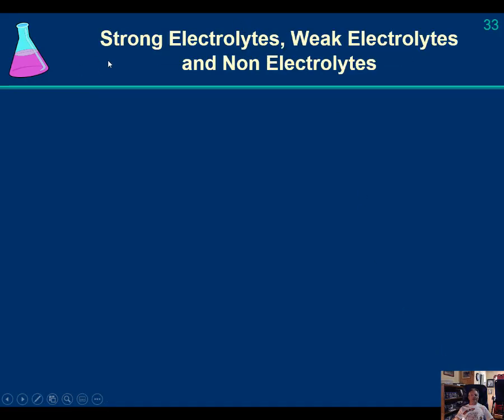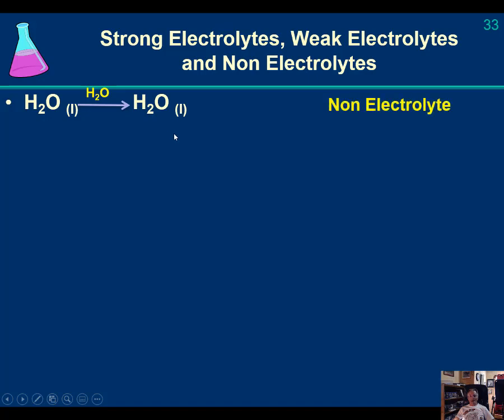All right, let's talk about strong electrolytes, weak electrolytes, and non-electrolytes. Strong electrolytes can never be driving forces for a reaction. Weak electrolytes, these can be driving forces. Non-electrolytes can be driving forces. So water, this is a non-electrolyte.